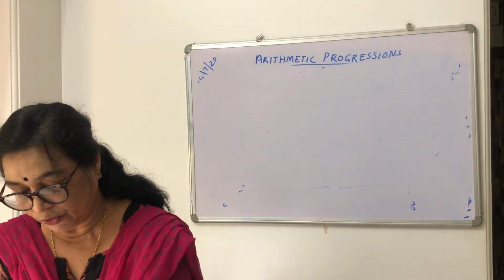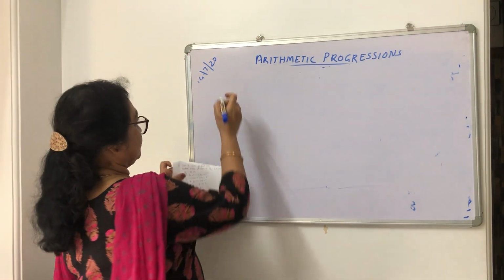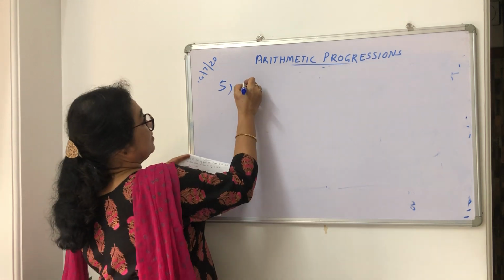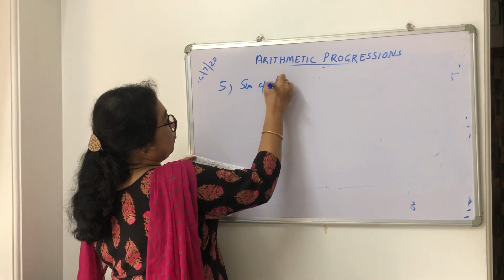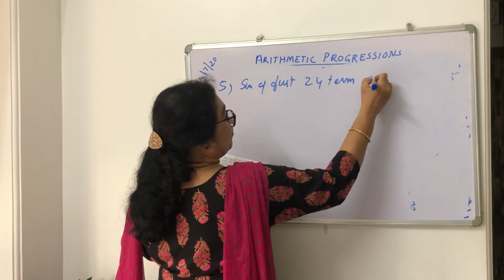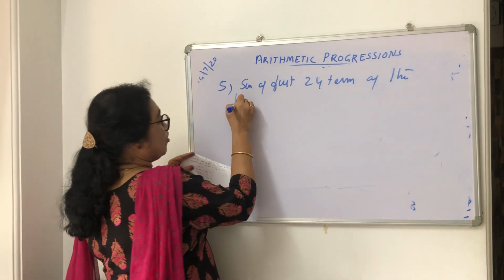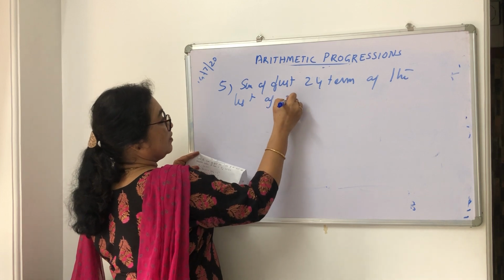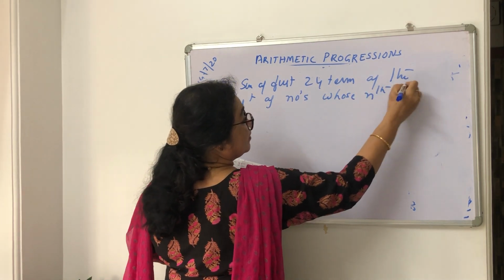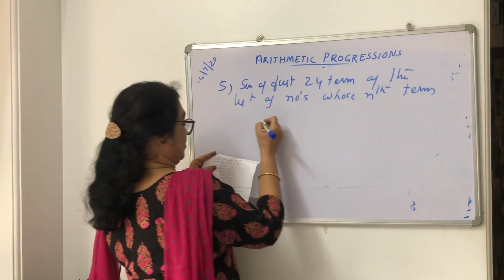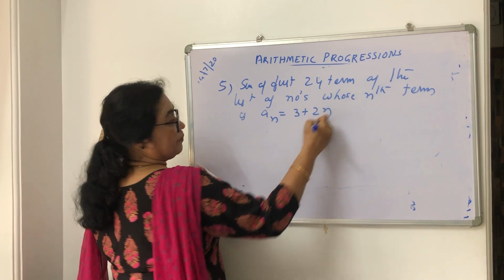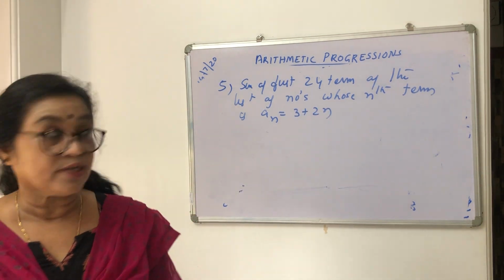Now, the fifth question. Sum of the first 24 terms of the list of numbers whose nth term is an equals 3 plus 2n. Here the AP is not given.